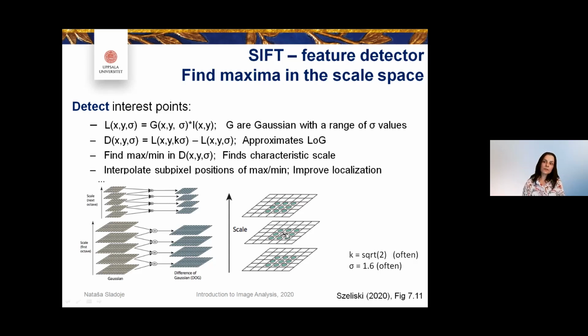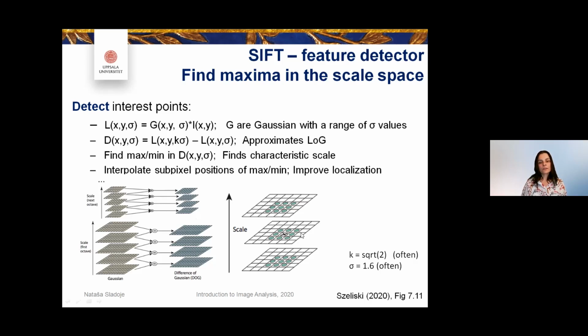And then by identifying maximal values in this 3 times 3 times 3 neighborhood, extremal points of this DoG feature are detected for a particular image in its particular scale space. By that, as commented before, not only are features that have strong response found, but also, by finding their maxima in the scale space, a characteristic scale for that particular feature is detected.